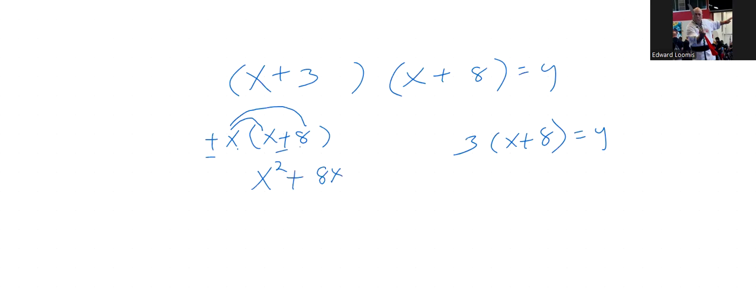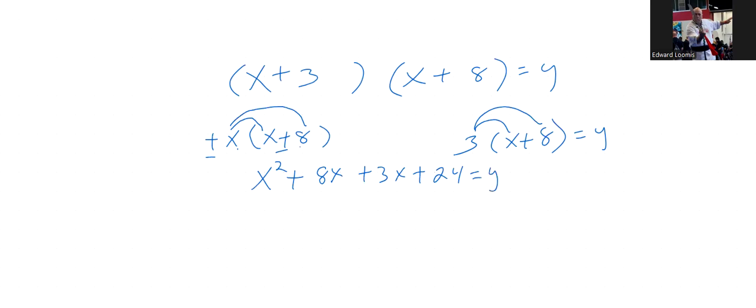It's really critical. So I have a positive 8x. Then we take the second piece. 3 times x gives me 3x. Positive times positive makes that 3x positive. 3 times 8 gives me 24. Positive times positive is positive. And that whole thing is equal to y.